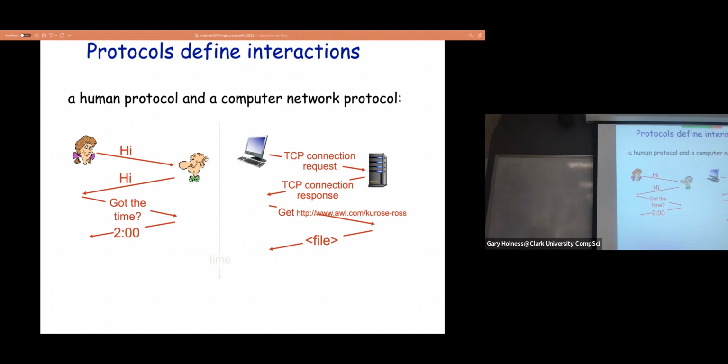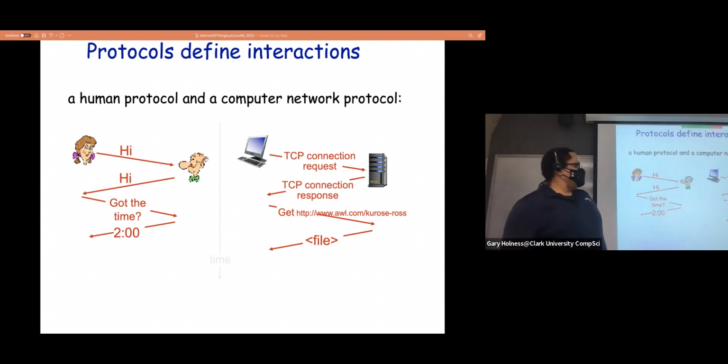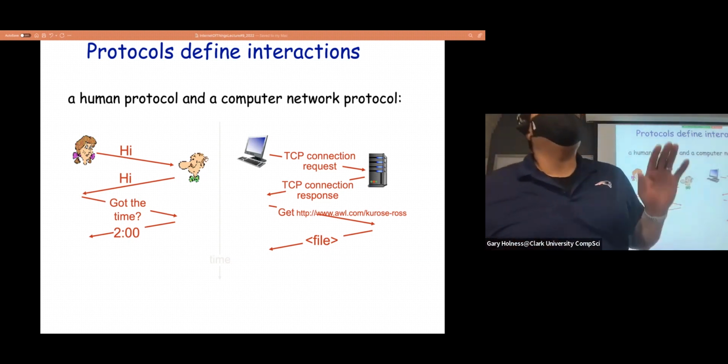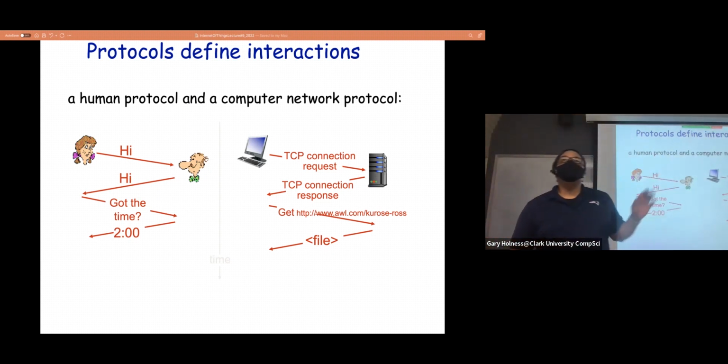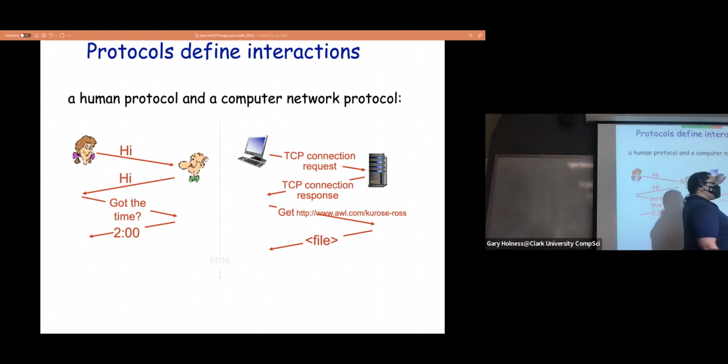So let's kind of map that protocol diagram onto this protocol diagram on the right-hand side, your right. And this is for a TCP, maybe you fire up your browser, you type in www.clarku.edu and you hit enter. So what's happening? Well, your browser software is acting just like Alice.